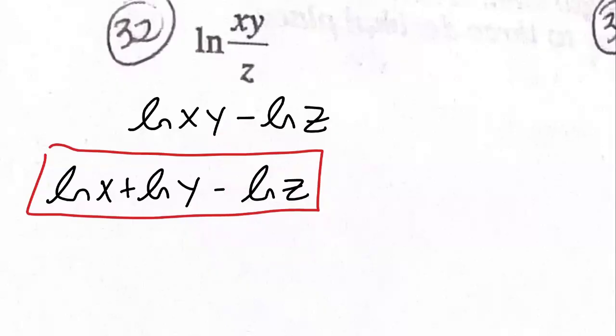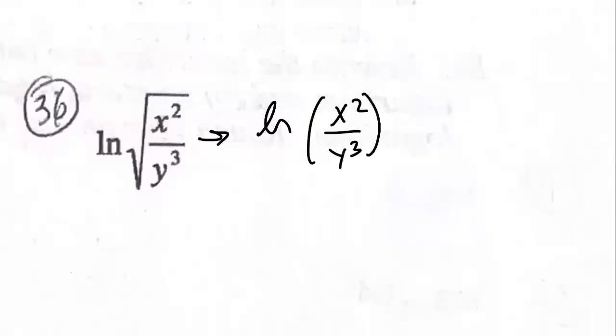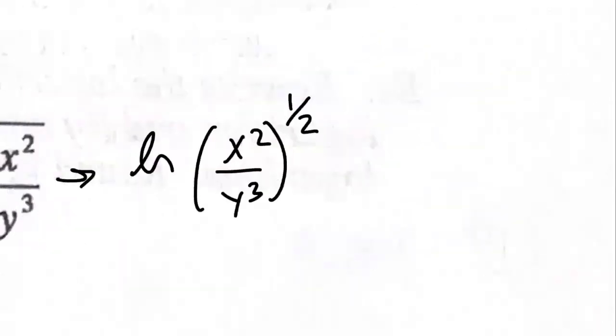All right, so number 36. For this one, rewrite it. So ln of x squared over y cubed, to the power of 1/2, right? Because they all have the power of it. Now, to do this one, you're going to have to do the product of product.